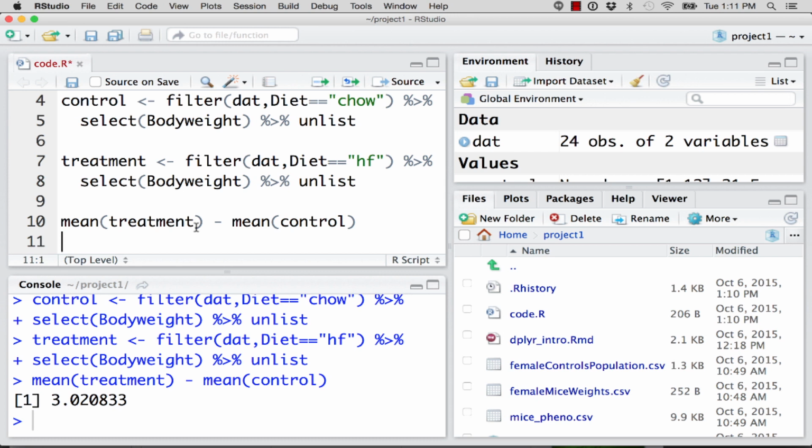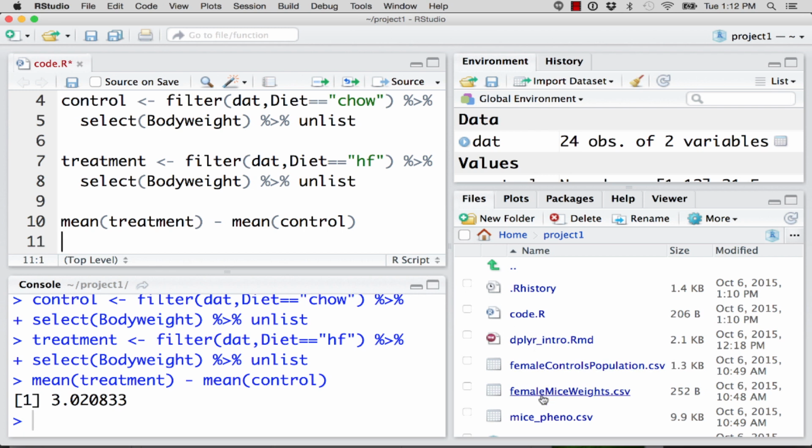So in this data set, for this particular example, we have something that we very rarely or never have in real situations, which is access to the entire population of mice that is available from Jackson Laboratories. We have their weights. So we can show you the entire population of the controls, for example.